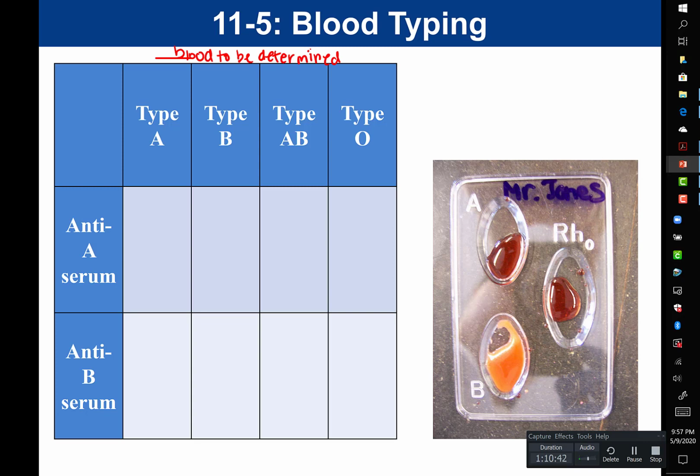We want to know what their blood type is. If we mark plus, that means we expect an agglutination. We expect to see clumping. If we mark negative, that means no agglutination.